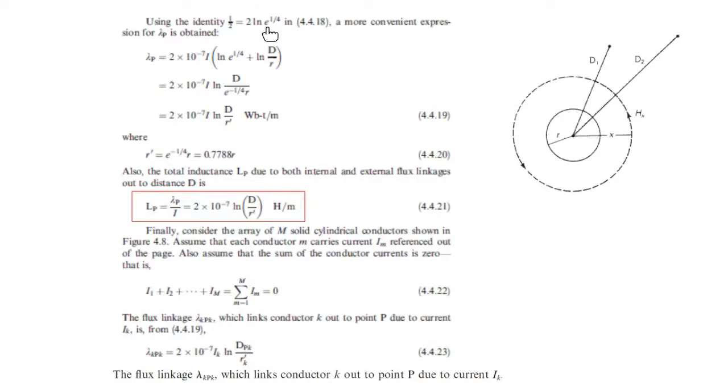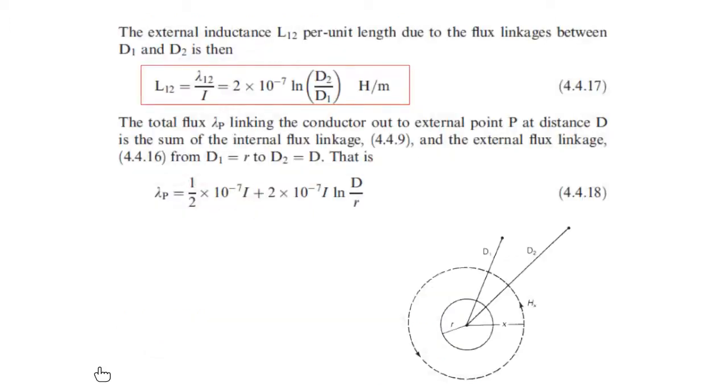To get rid of this plus, the internal inductance, we came to this equation. So this is included now. That's why we have R prime, not R. We added the internal with the external.